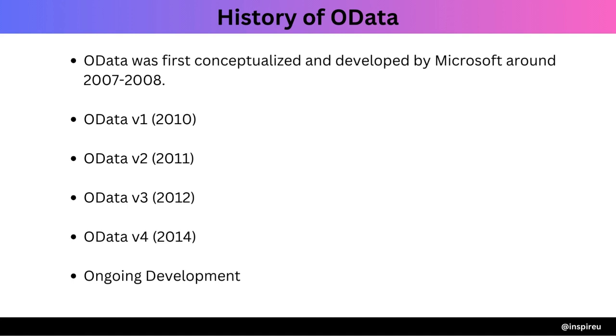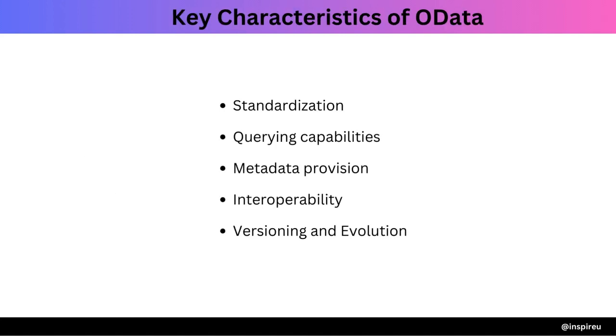It introduced support for JSON as an alternative format in addition to AtomPub. Since the release of OData v4, the protocol has continued to evolve. Microsoft and a community of developers have been actively contributing to its enhancement, addressing feedback and incorporating new features, ensuring its relevance and adaptability in the rapidly changing landscape of data exchange and web technologies.